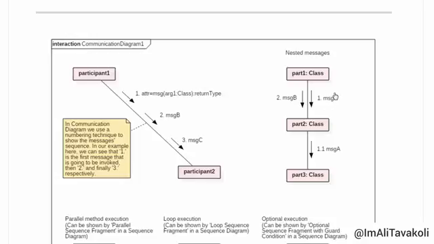And this message trigger causes the nested message to be triggered, I mean, message 1.1. As soon as the message hits a new participant, we will add an additional decimal number to it. That's the numbering technique that we use for nested messages. In our example here, as the new nested message hits a new participant, the additional decimal number has been added to it, so it will be 1.1.